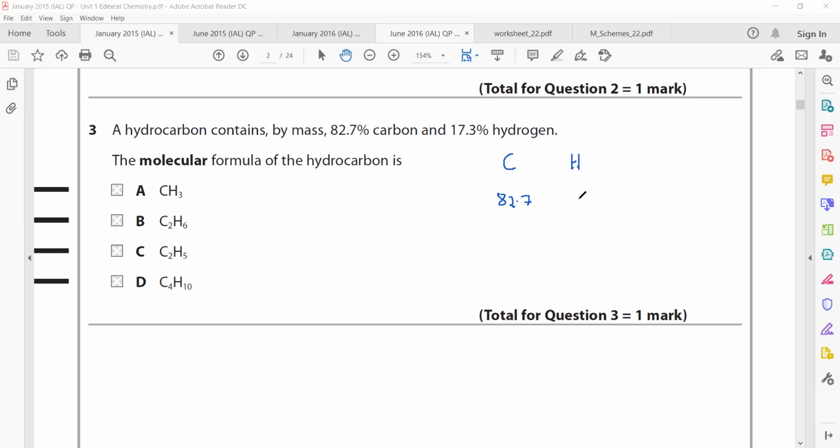So 82.7 and 17.3. We divide by atomic mass, so this will be divided by 12 and this one by 1. So 82.7 divided by 12 will make 6.89.